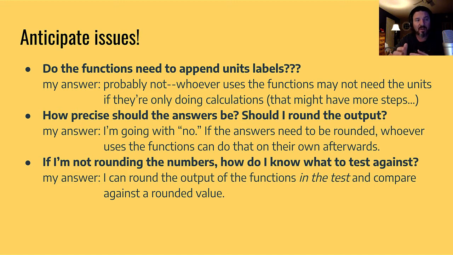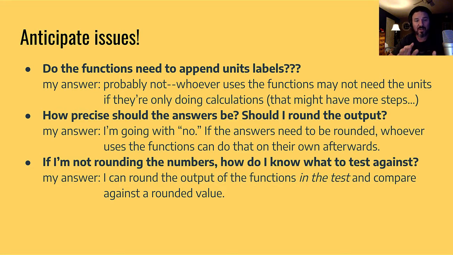But if they're doing science and they want to be as precise as possible, if you round these values before you send them back to them, that could hurt the work that they're doing. So I'm going to go with no. If somebody really wants a rounded value, they can round it afterwards.